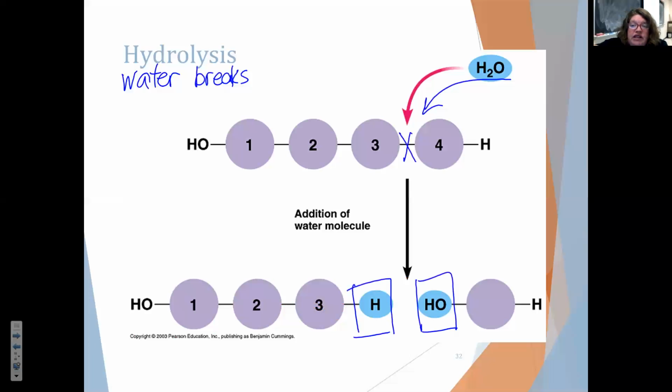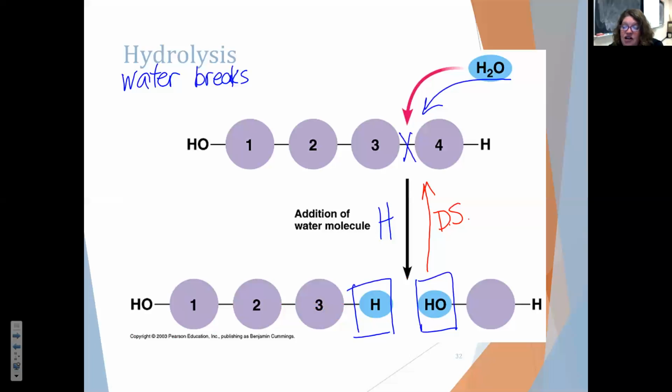If you look really closely at this figure, this is the exact opposite of the dehydration synthesis. We put these two together by dehydration synthesis. That's the opposite of hydrolysis.